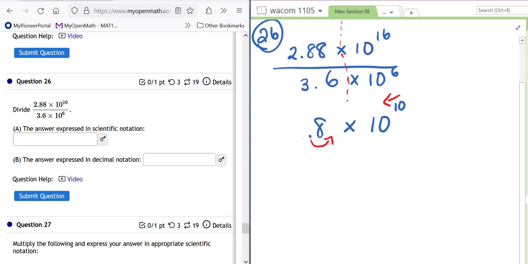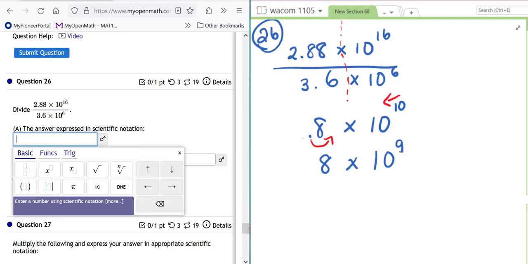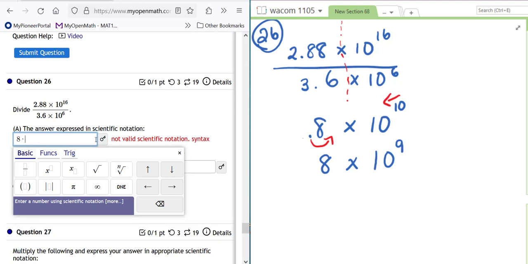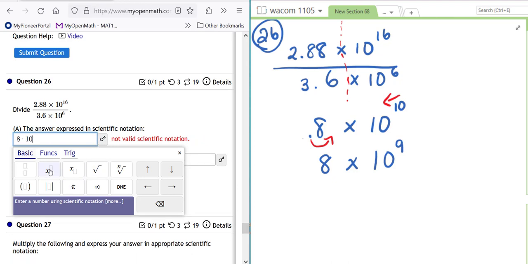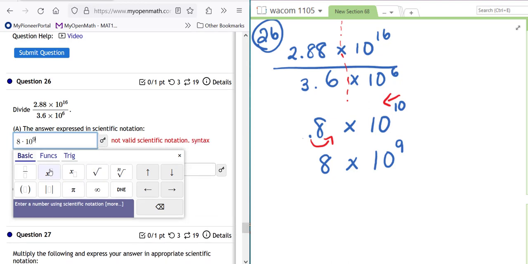So I should have, with my new answer, 8, and you don't have to put the decimal at the end there, times 10, and this one is going to go down. Right, so I'll use the keyboard 8, and then that star, which is above the 8, it did put a dot. My 10, my exponent button, and 9.